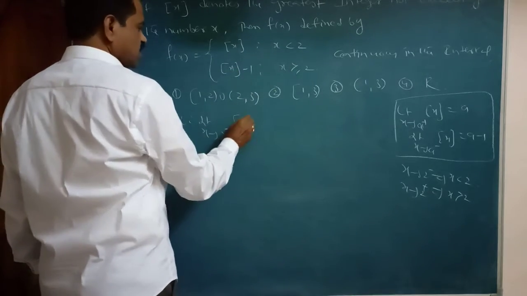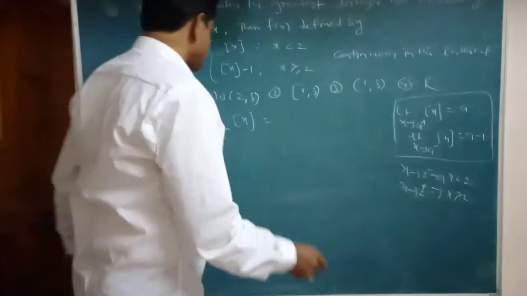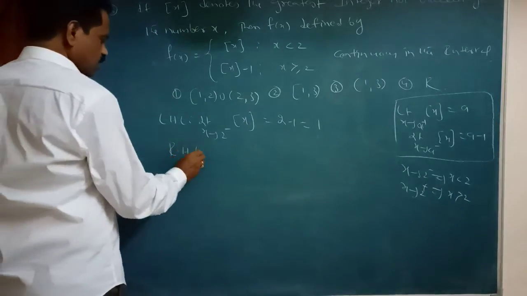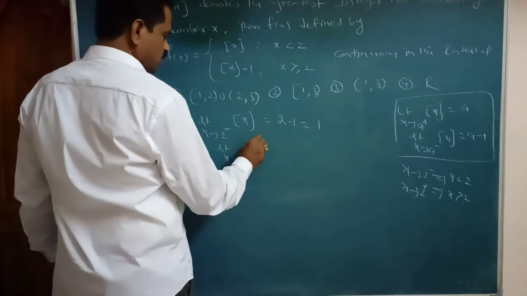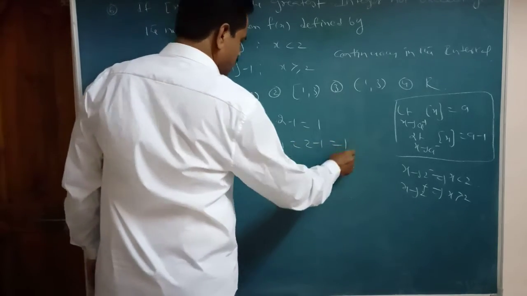What is the function for x tends to 2 minus? Step x. We know that a minus gives a minus 1, so the value is 2 minus 1, it is 1. Next RHL: limit x tends to 2 plus, that is step x minus 1. Substituting 2, 2 minus 1 it is 1.